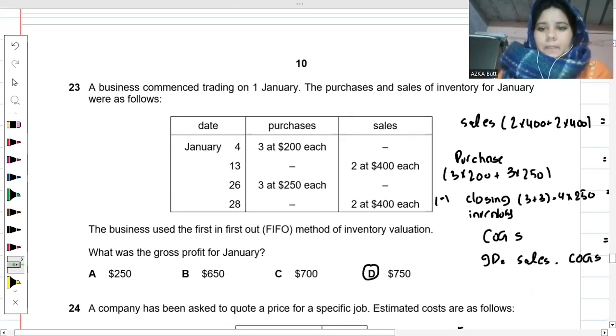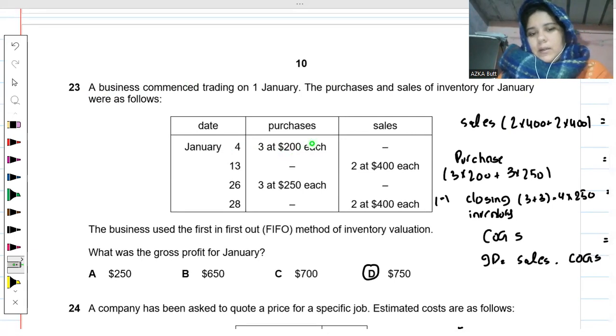Okay, so this is question number 23, sorry. The business commenced trading on 1st January. Purchases and sales of inventory for January were as follows. On January 4, we purchased 3 items, and the price of each item is 200.